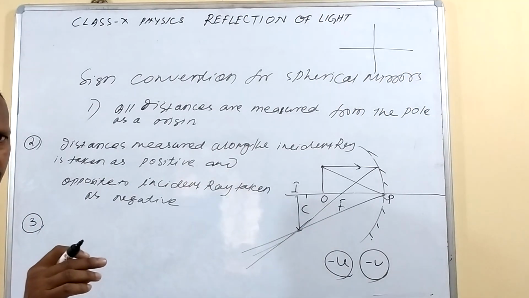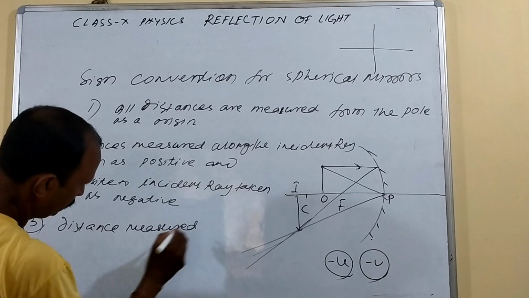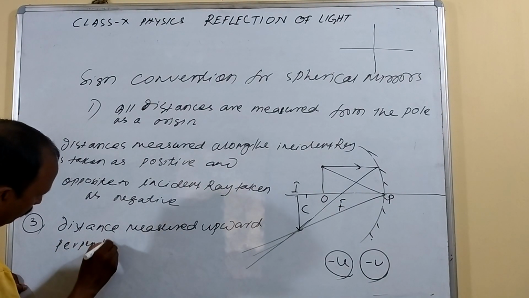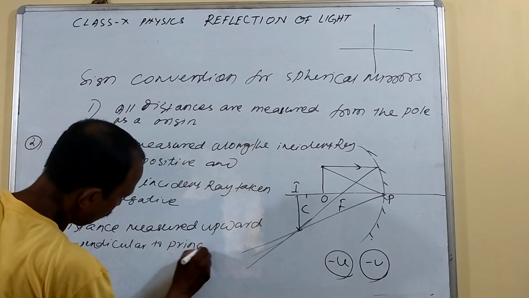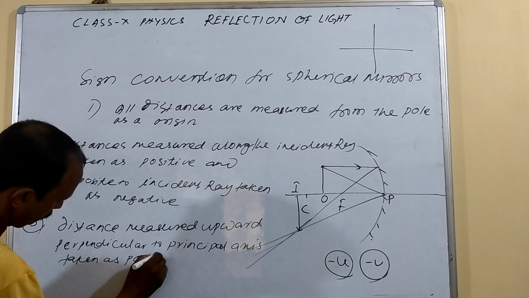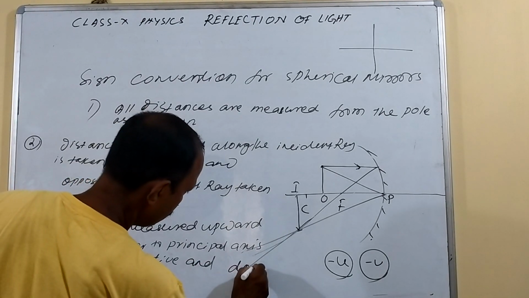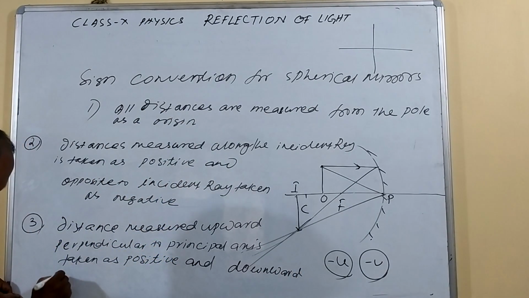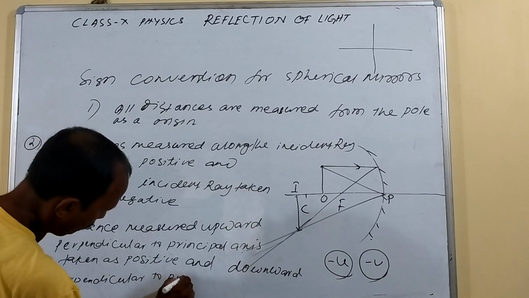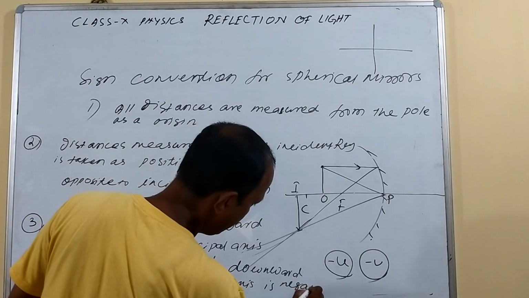So, height of the object or image. Okay. So, you can say that distance measured upward perpendicular to principal axis is taken as positive, and downward perpendicular to principal axis is taken as negative.